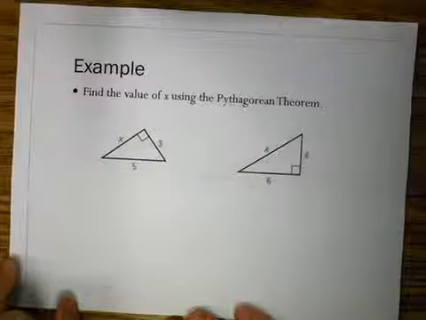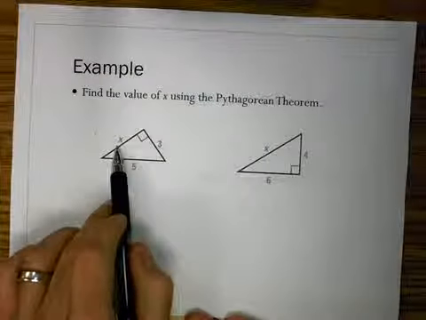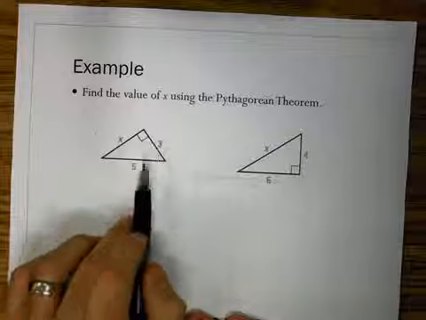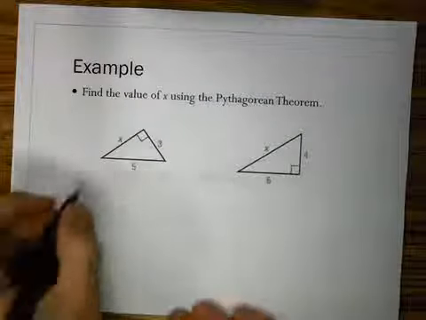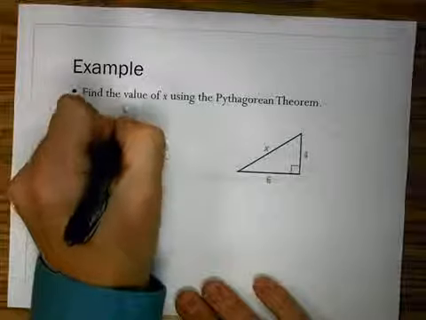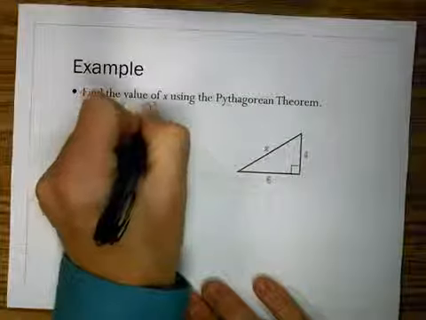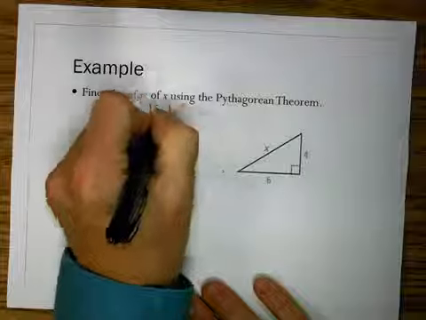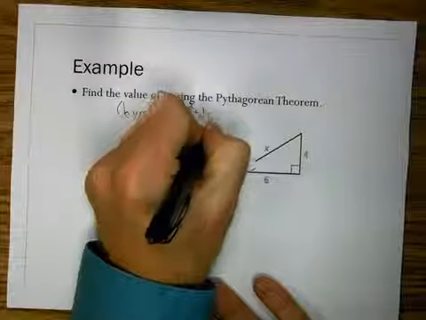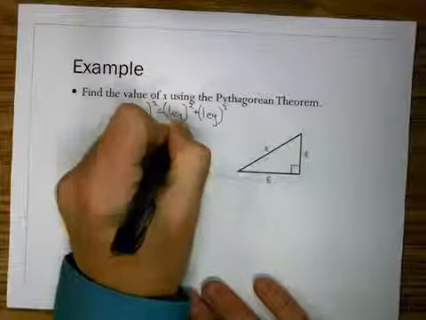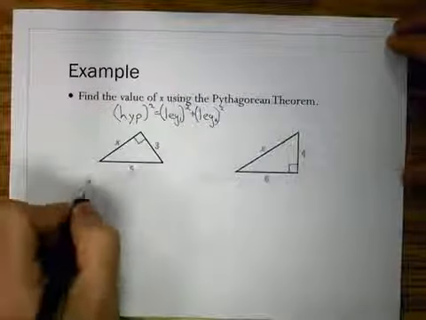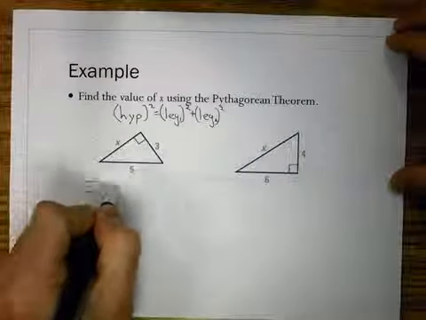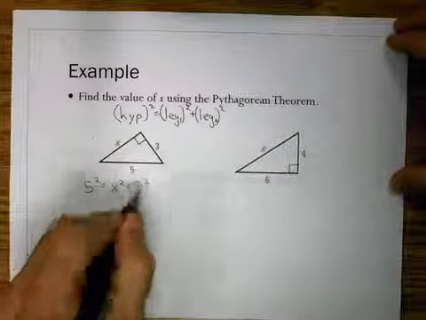Our first one, we have our right triangle here. We need to find x. 3 and 5 are our given sides. 3 is the leg. 5 is the hypotenuse. So we said earlier it's hypotenuse squared equals leg squared plus leg squared. And this will be leg 1 and 2. We just want to make sure we keep them separate. So I get 5 squared equals x squared plus 3 squared.